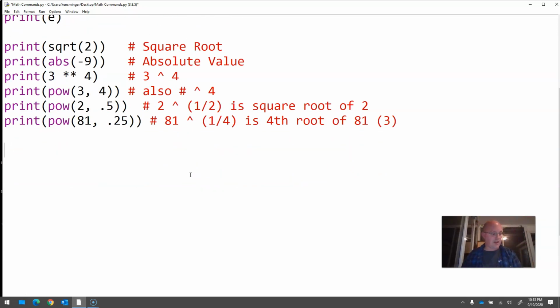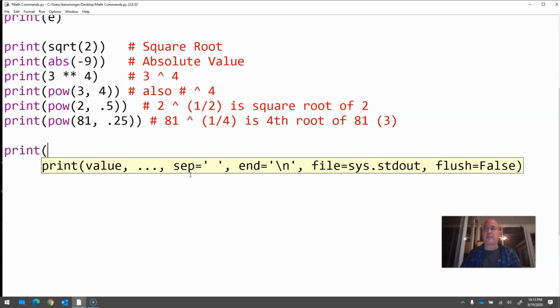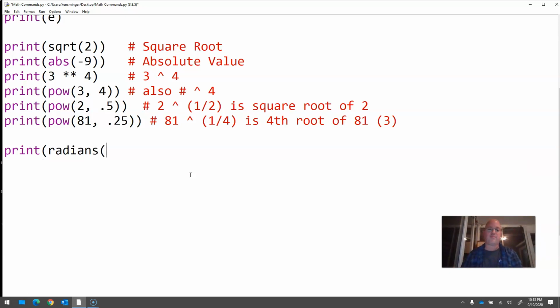Let's continue. How about those of you that are in pre-calc? You might know degrees versus radians, and if you're in pre-calc, you probably haven't gotten there yet with the unit circle, but you will soon. If I want to convert from degrees to radians, I could say print radians, parenthesis.